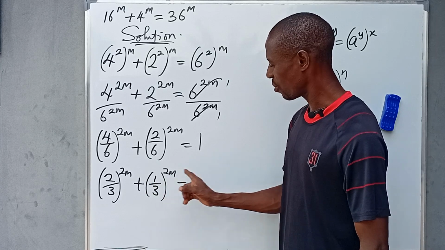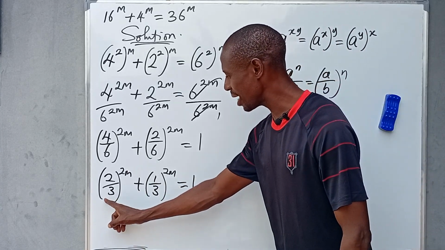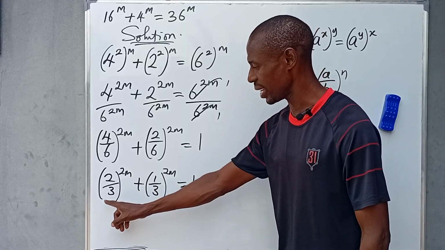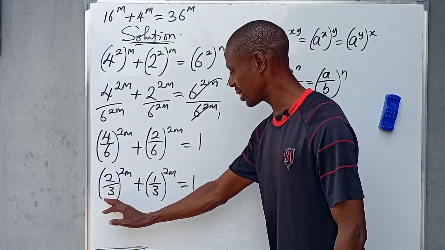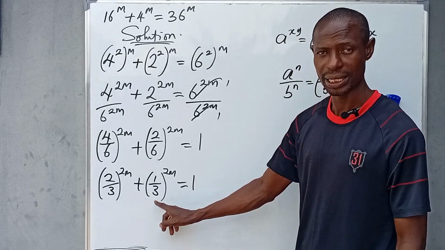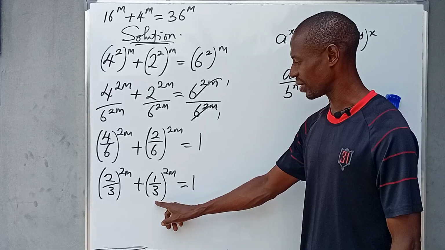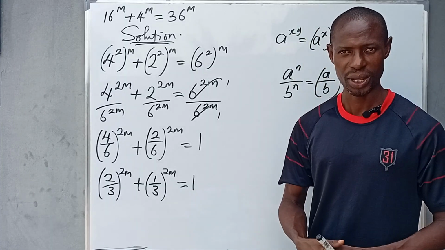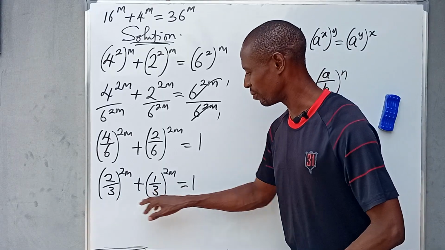Good. But this is the beauty at this stage. Here we are having 1 on the right-hand side. If you look at the terms inside the bracket, you discover that if we add 2 over 3 plus 1 over 3 together, that will give us 1. So we just have to rewrite 1 in terms of these quantities.